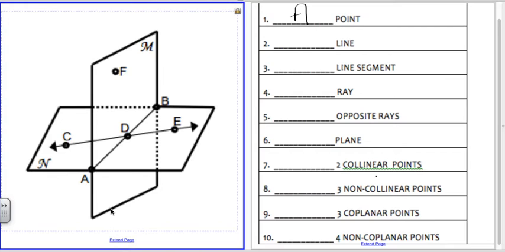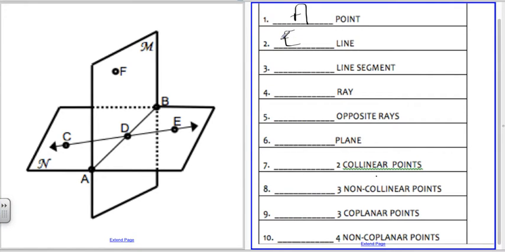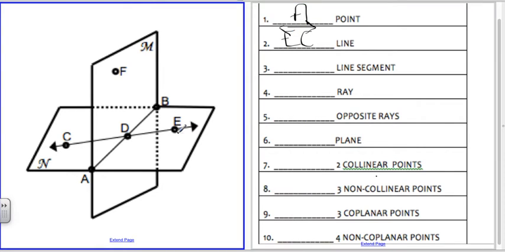So I'm going to label that. I can use any 2 points, so I'm going to use points E and C. I could have named it CE. I could have named it DE. I could have used any 2 points as long as I use the correct symbol there.